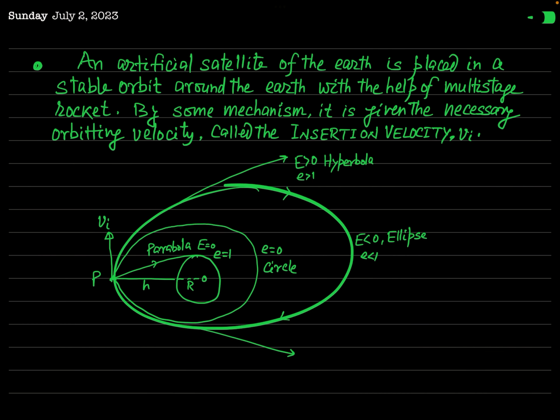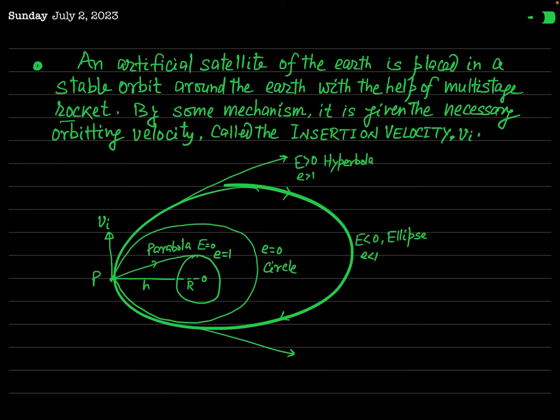If you talk about an artificial satellite of the Earth which is placed in a stable orbit to revolve around the Earth, that satellite is set up in the orbit by the help of a multi-stage rocket. The multi-stage rocket is utilized to set up the satellite into the stable orbit.